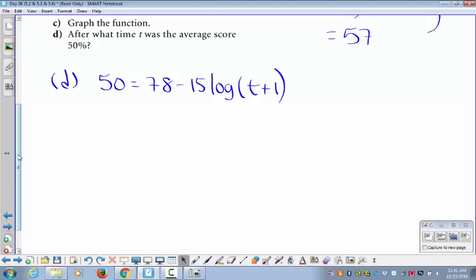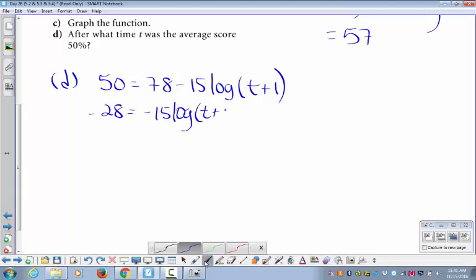So let's get the numbers that are added or subtracted out of the way. We subtract the 78. We get minus 28 equals minus 15 times the common log of t plus 1. Divide by minus 15. We're going to have 28 over 15 equals the common log of t plus 1.